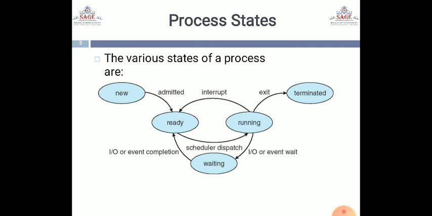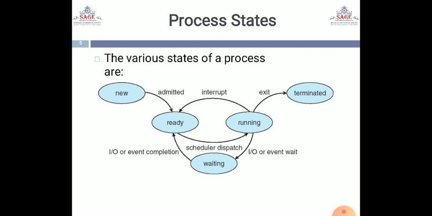When a new process arrives, it is admitted to the ready queue, and then it is dispatched by the scheduler to the running state. The program is successfully executed in the running state, and then it goes to the terminated state where the process exits, or we can say the process is completed.